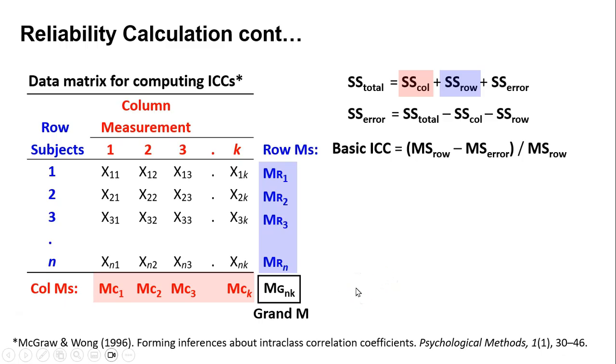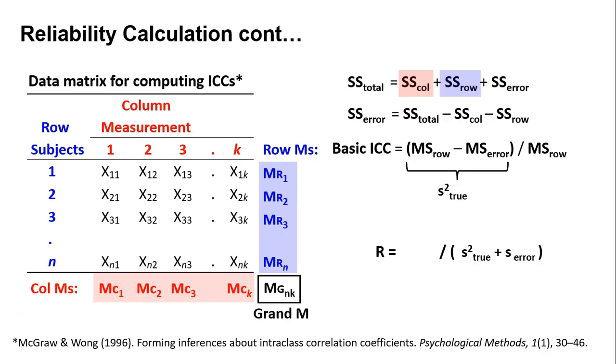So let's remember what the theory said about reliability. If you look down here, our equation based on the theory says that we have the true variance divided by the true plus error, as mentioned on those previous slides. Well, the numerator that we have in our basic interclass correlation coefficient is exactly that.